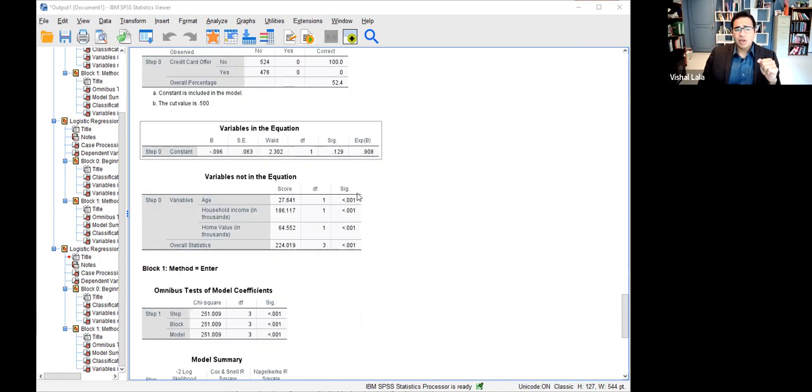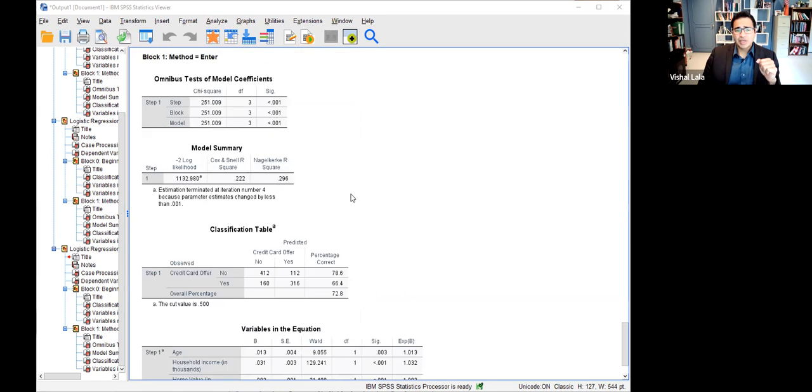So moving along, let's go to block 1, which is what is really going to tell us how well our model is performing. The first criterion we're going to look at here is the extent to which the -2 log likelihood for block 1, that is our model, is better than a similar metric for block 0. It turns out for block 1, our -2 log likelihood comes to be 1132.